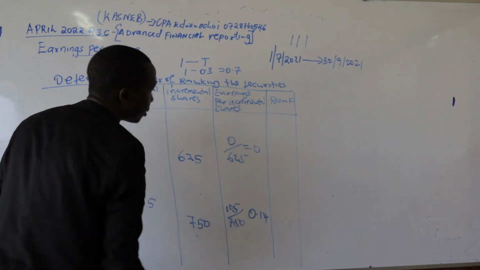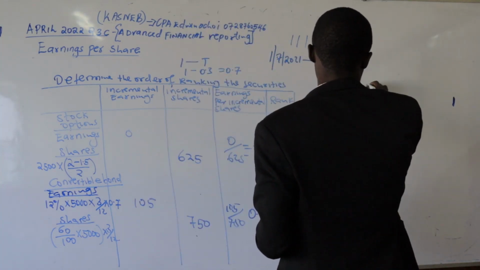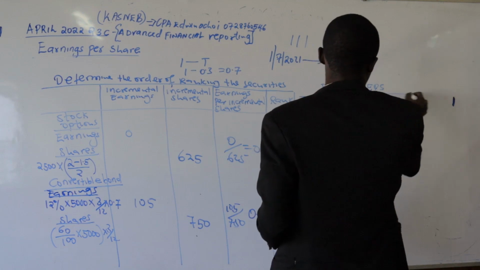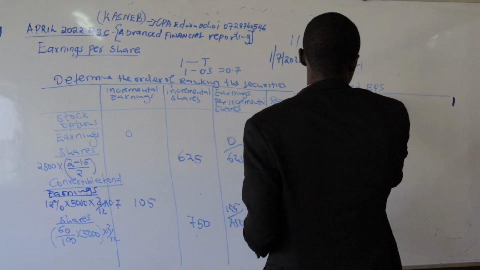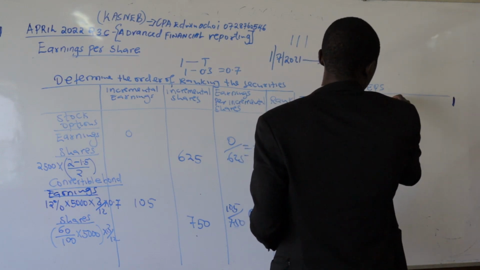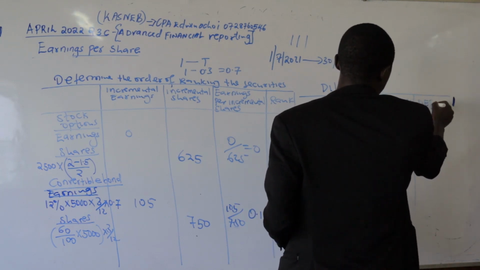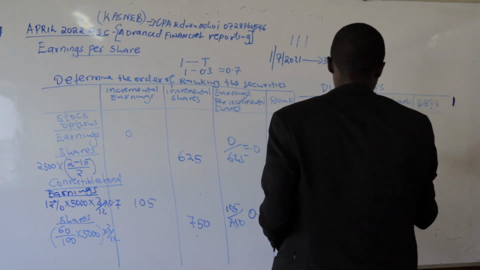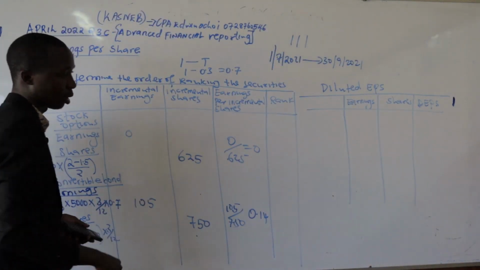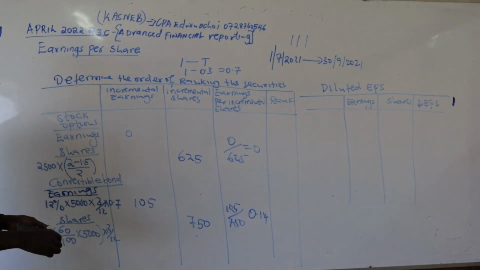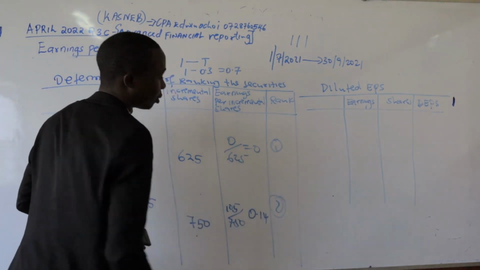Then after that, we can do the diluted EPS. Remember that we have the earnings and we have the shares. Before doing the diluted EPS, remember that we were to rank, from the one which has the least effect on the basic EPS, which is this one, and this is number 2.